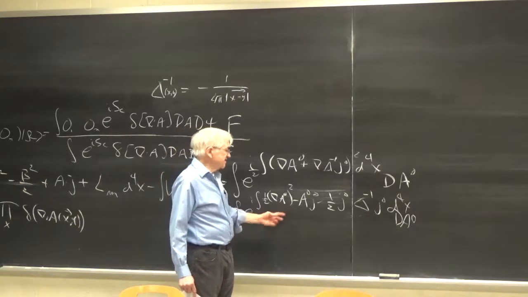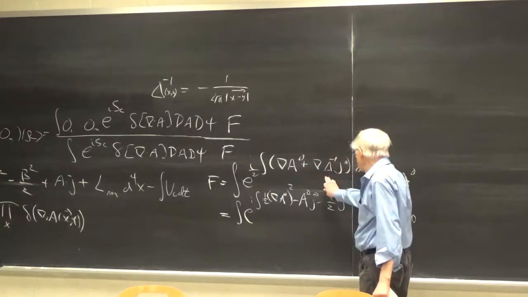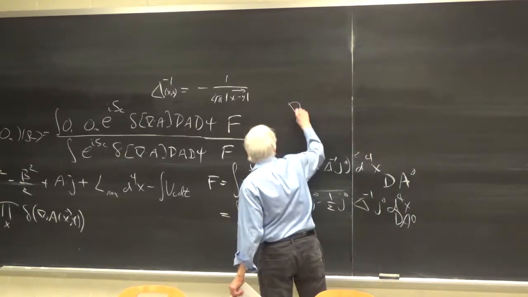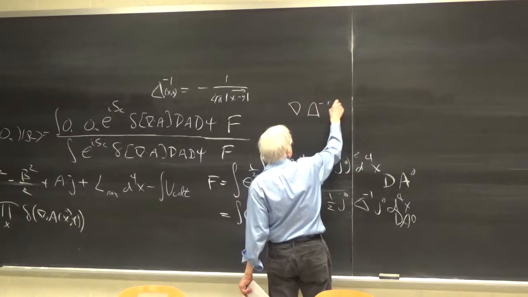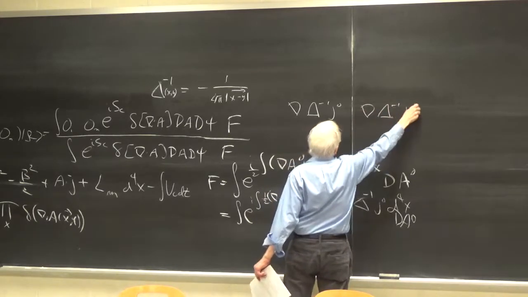And so we get this, and what we're left with is this thing squared: grad Laplacian inverse J0 times grad Laplacian inverse J0.